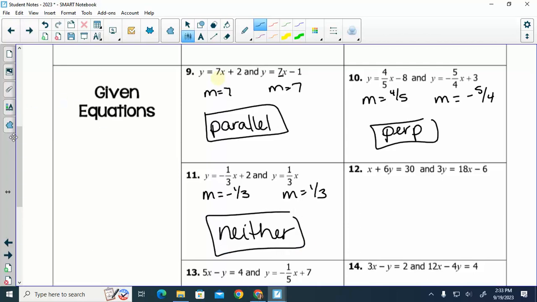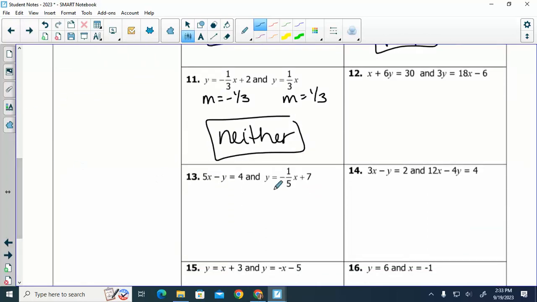All right. Number 12. What am I going to have to do there? We have to subtract the x. We have to get it to y equals mx plus b form. So this would be 6y equals -x plus 30. Then what do we do?